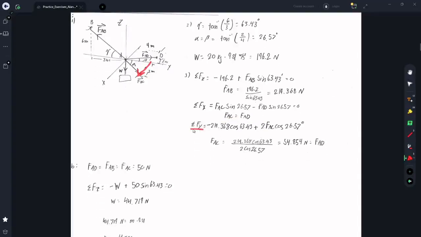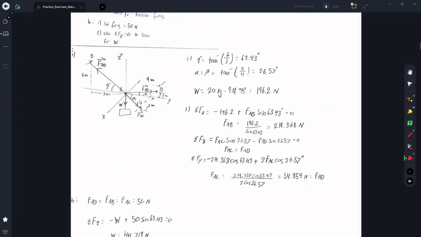So the next equation was the sum of the forces in the y direction. And for this, it's this one of FAB in the negative y direction. So I plugged in the hypotenuse of FAB, which was 219, and I used the cosine of the angle to the y-axis to get its y projection.